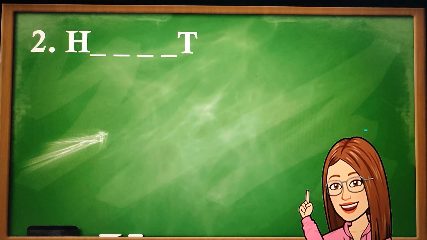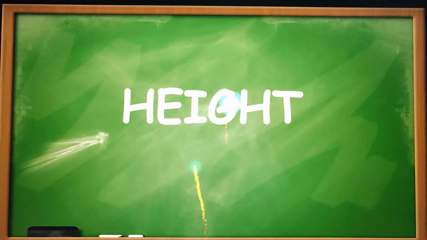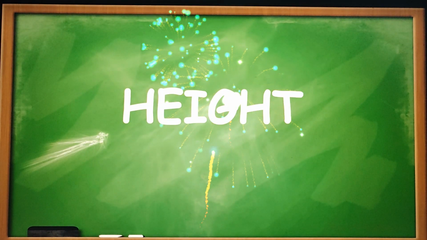Number 2, 6-letter word. It starts with H and ends with T. It is the distance elevation from bottom to top. Did you say height? That's correct.